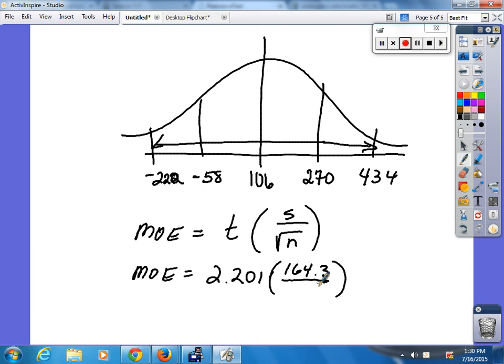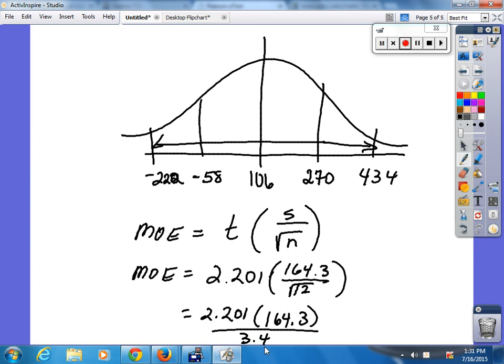How many? 12. Okay, so that's 12. Square root of 12, we said that was 3.4. I can't remember if it's 3.4 or not. So that's equal to 2.201 times 164.3 over 3.4.